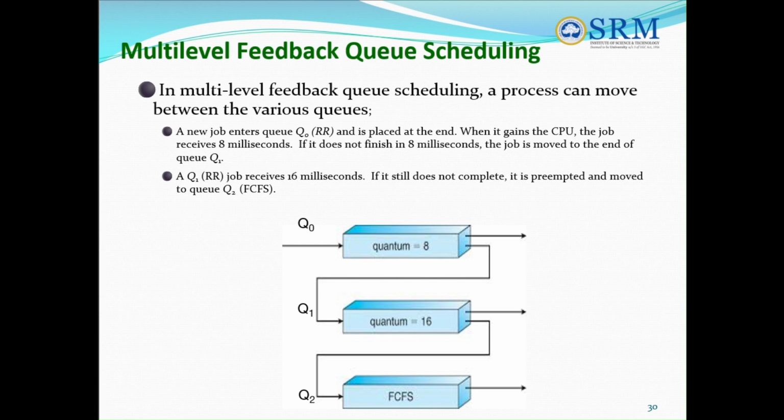If we are not able to complete the task within 8 seconds, it automatically switches to quantum 16 and can execute within that duration. If it is not able to complete the task within 16 seconds, it automatically switches over to first come first served. Like that, the multilevel feedback queue scheduling works.